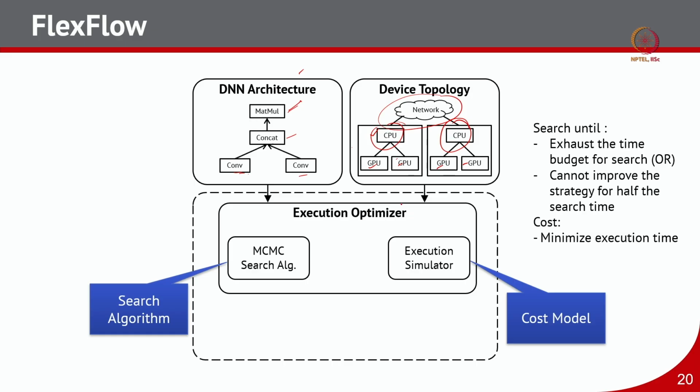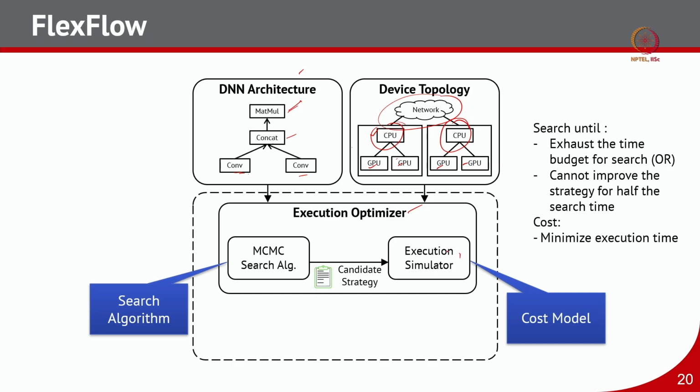Now, in FlexFlow there is an execution optimizer. First, it will select one candidate strategy. To begin with, the candidate strategy can be anything, any random strategy. Now, there is an execution simulator integrated in this technique. The simulator says that if we train the DNN architecture with that particular strategy, the performance will be something like this.